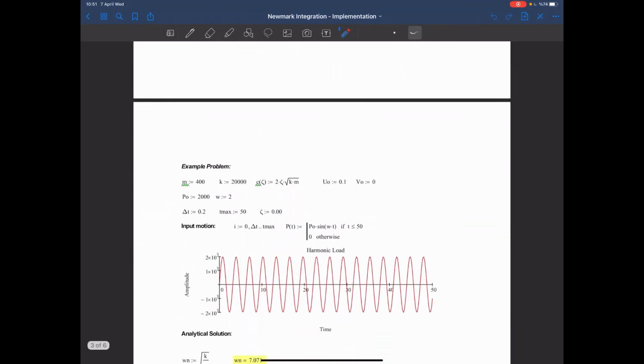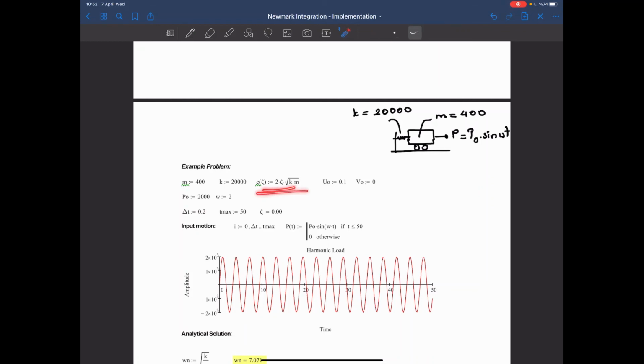Again, I'm solving a very simple example, a single degree of freedom system. So let's show it this way. I'm just solving it for a free vibration. So k is equal to 20,000, and mass is defined as 400, and I'm applying a harmonic force P that's equal to P0 times sine omega t.